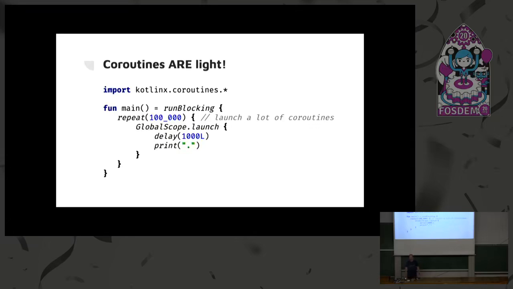But this will complete in a little bit more than 1 second, because this will run in parallel in a smart way, as coroutines are. Hopefully there will be more information about how this coroutine stuff works during the day, for those of you who are more interested in the technical details. But suffice to say, coroutines are cheap, they're easy to use, it doesn't cost very much to start one.